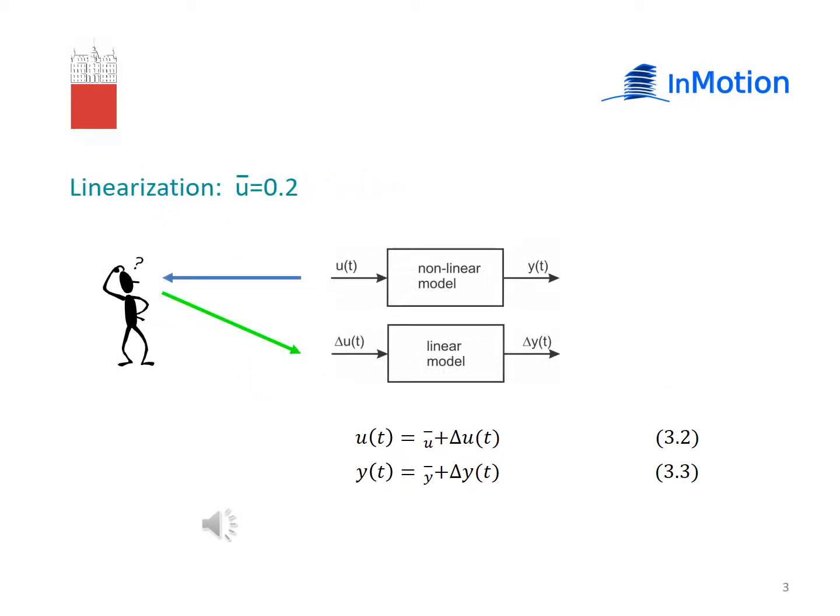Let's take into account that the input signal to our nonlinear system in the operating point is equal to 0.2. We would like to generate a linearized model regarding the chosen operating point so that delta signals of the nonlinear and linearized model would be as similar as possible.